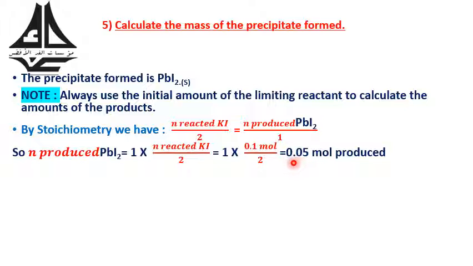It's equal then to 0.05 mole. So we have 0.05 mole of PbI2 produced.